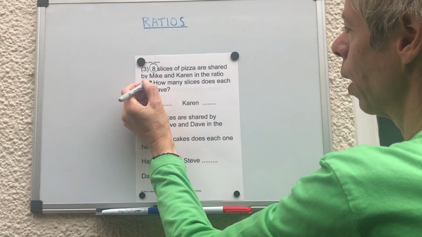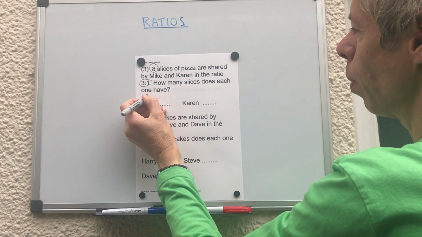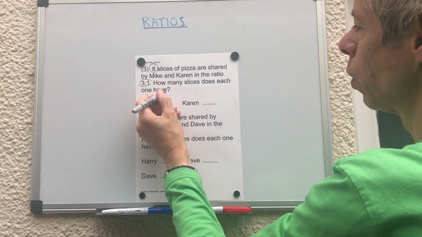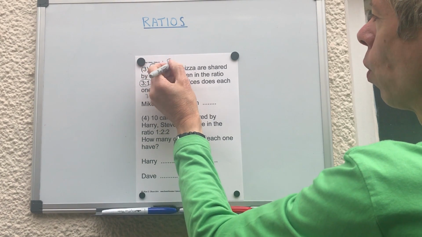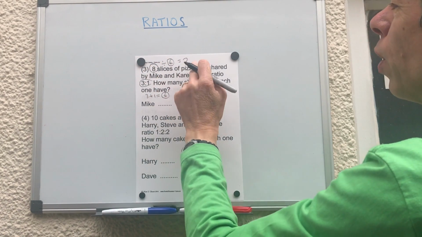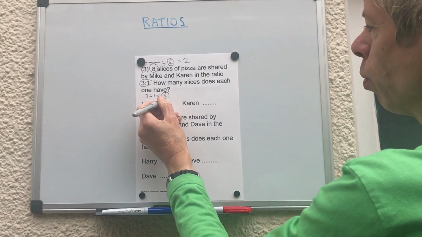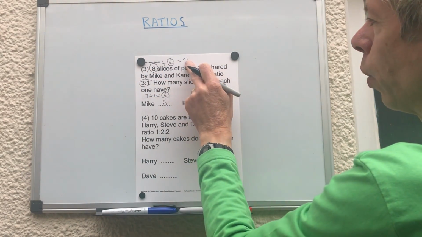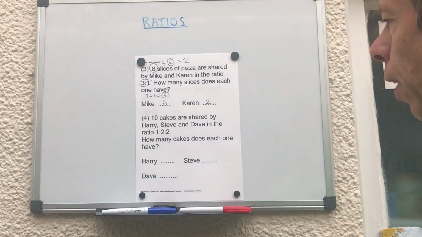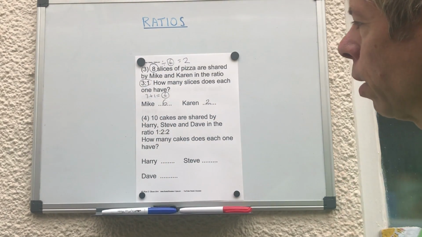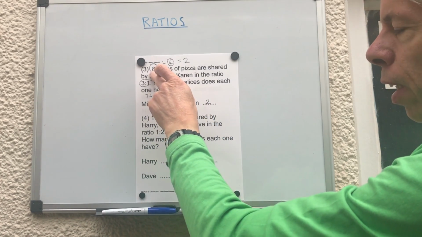If we add the numbers up in the ratio, 3 plus 1 equals 4. We divide the 8 by that 4. We get an answer of 2. Take that 2, times it by the 3 to give you 6, which is Mike's total. Take that 2 again, times it by the 1 to give you 2, which is Karen's total. So there you have it. Mike has 6, Karen has 2. 6 plus 2 is 8. Check back, they did have 8 slices, so that seems to work.